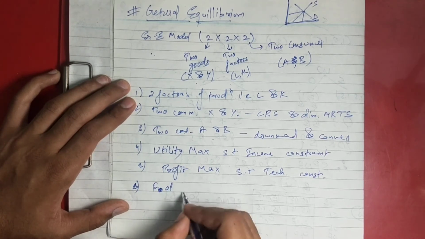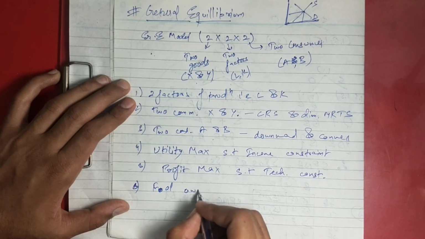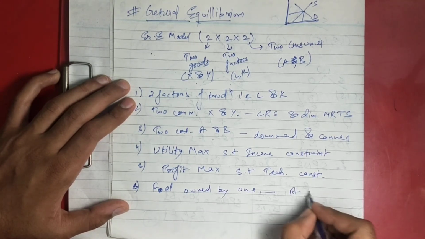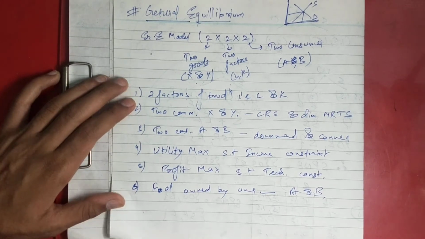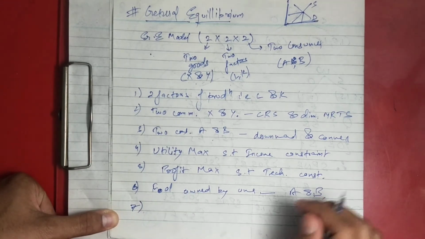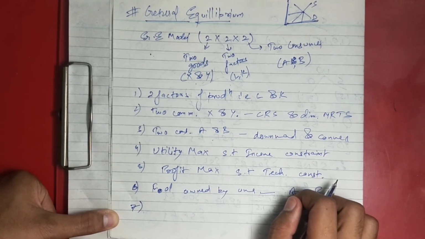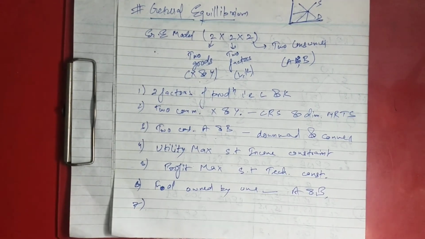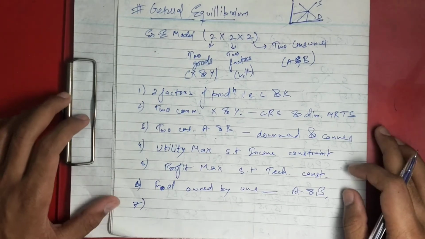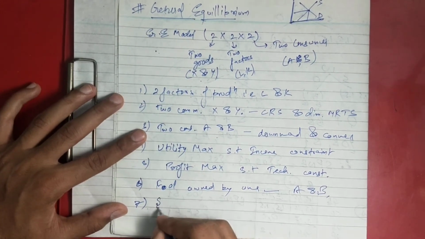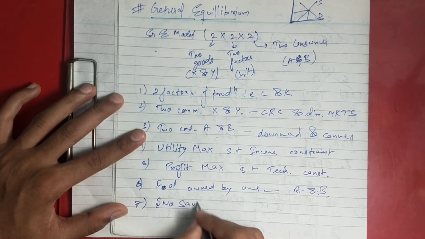Okay, and the seventh assumption is that there is full employment in factors of production and all income received by their owners is spent. So that means, in short, I can write that there is no savings.